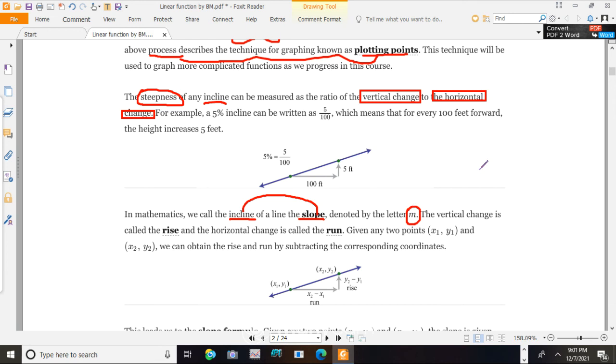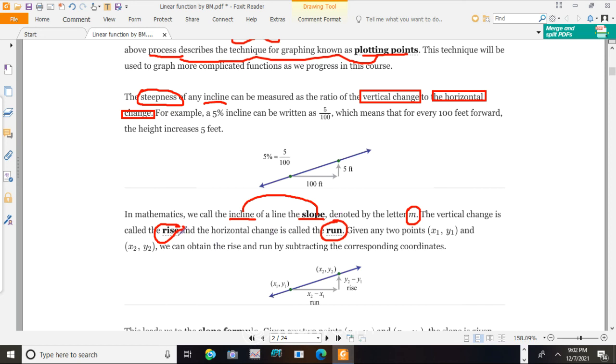The vertical change is called the rise, and the horizontal change is the run.